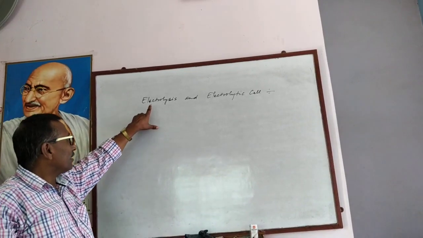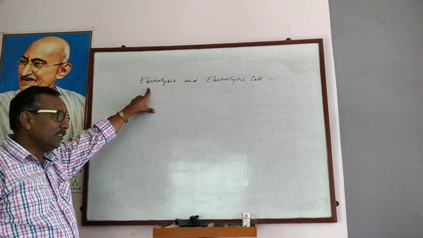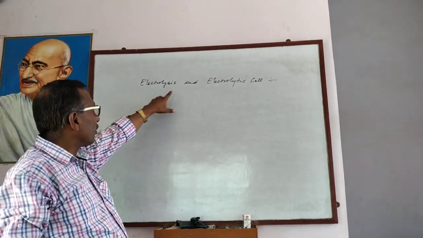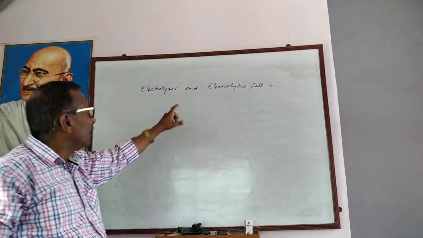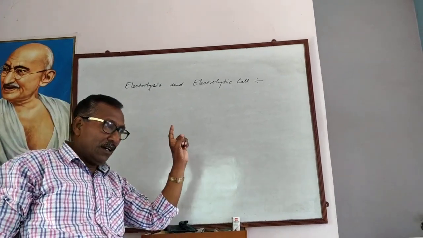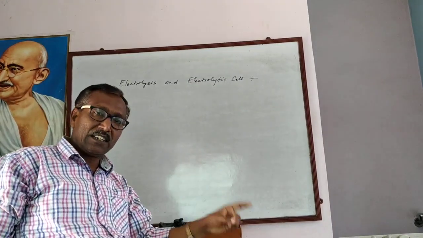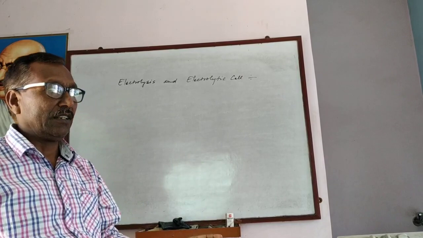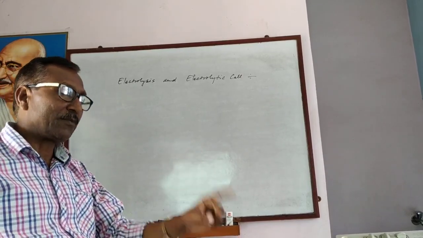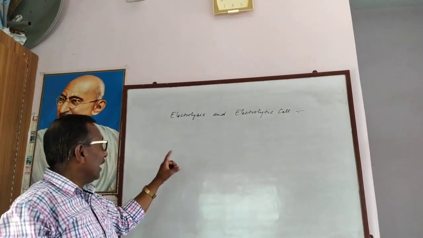Now, the term electrolysis is defined as the process of decomposition of electrolyte into ions and their subsequent deposition at respective electrodes by passing electricity.